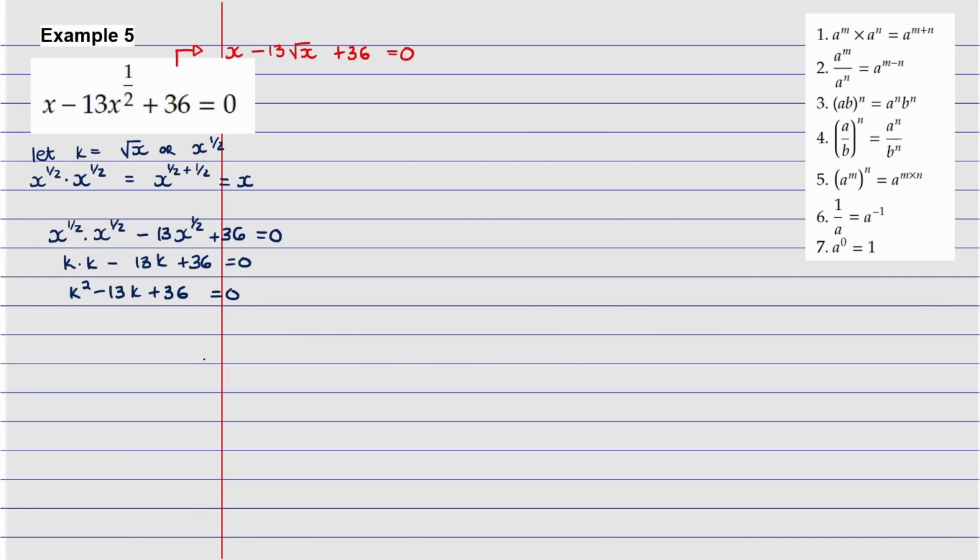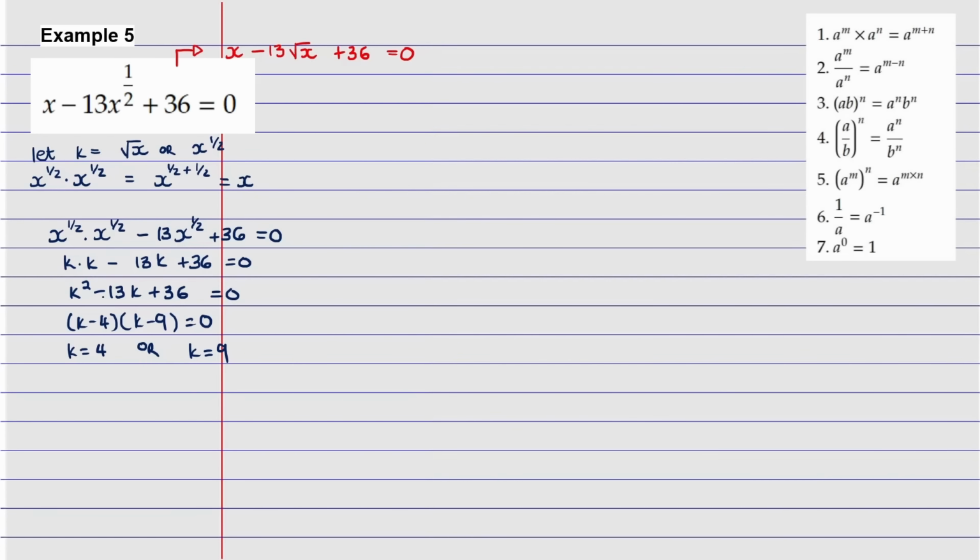Do you see the fact that now again we need to factorize? So let's do that. It's going to be k minus 4, then k minus 9 is equal to 0. So k is equal to 4, or k is equal to 9, right?